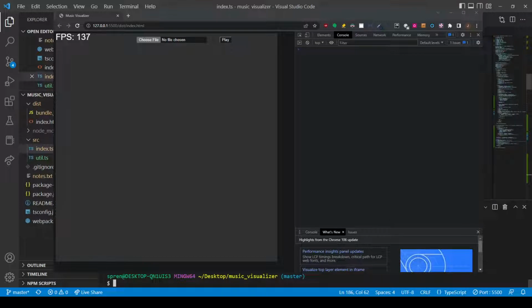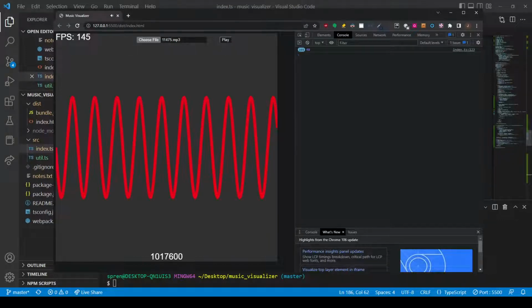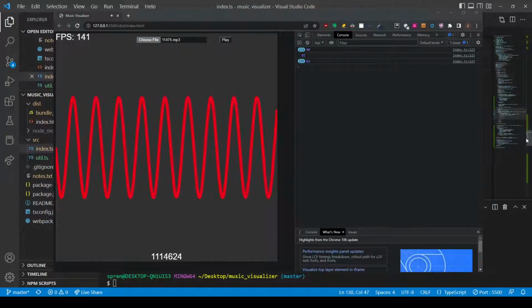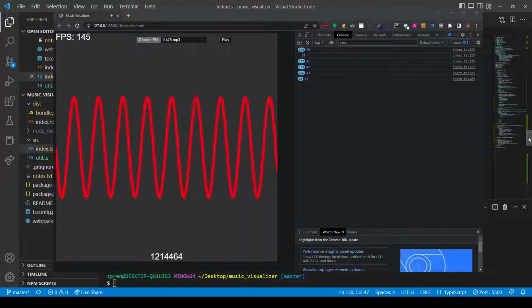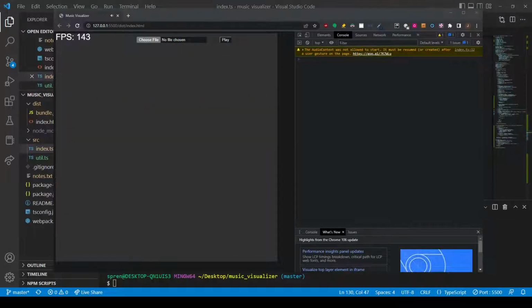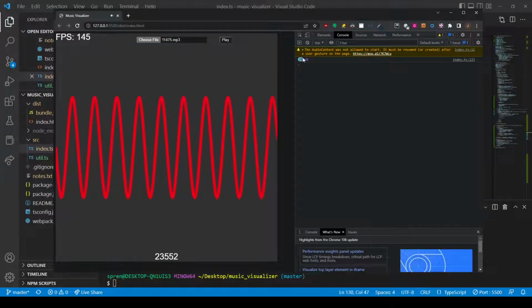Actually, one thing I want to do is I want red to be low frequency and purple to be high frequency, and that doesn't work so well. Oh, hold on, it messed up for a second there, didn't it?